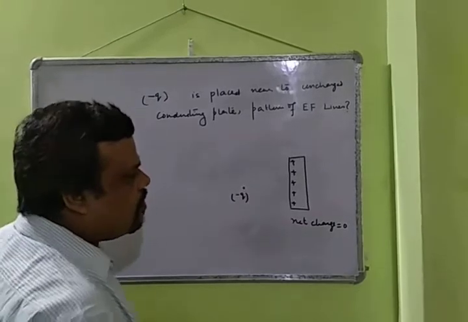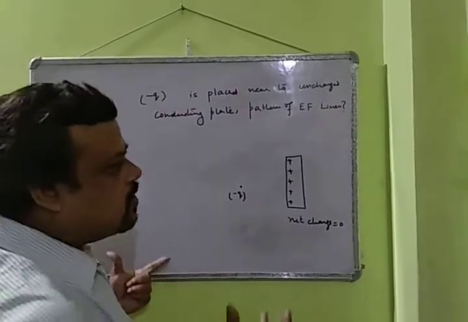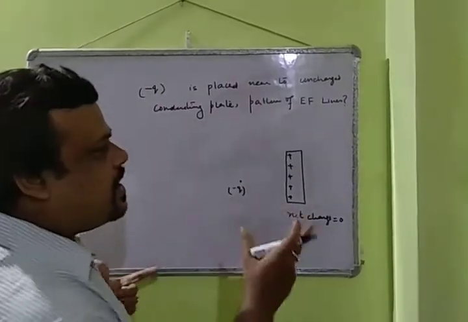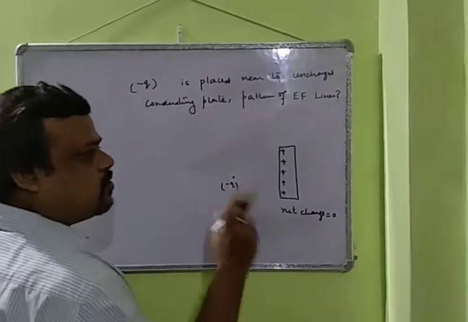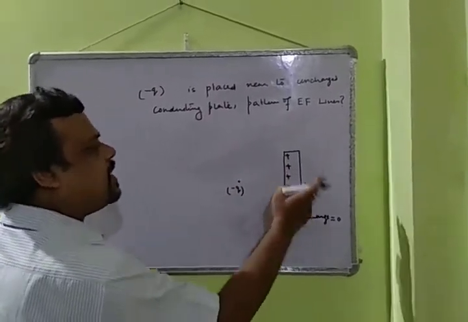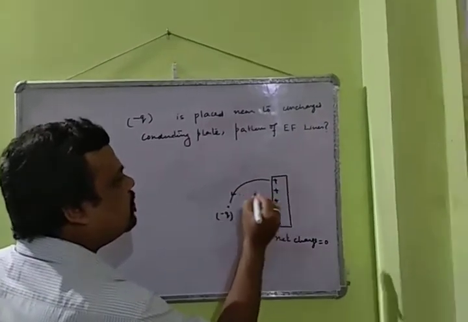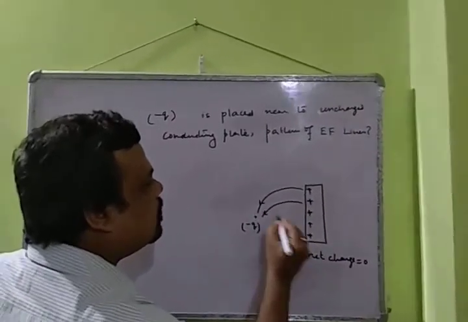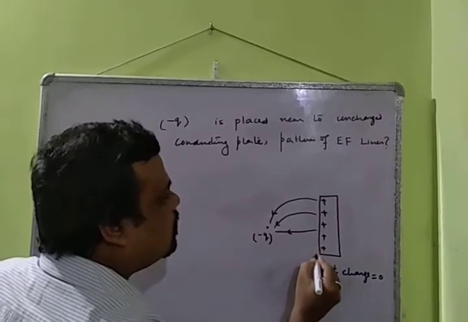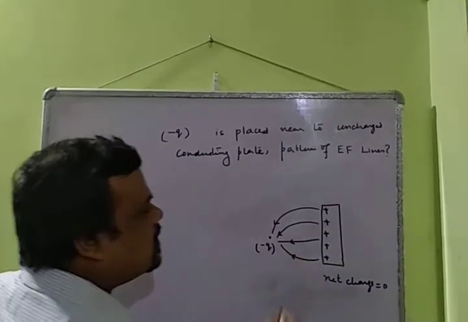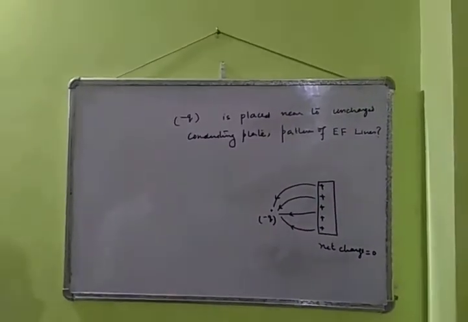Again, follow the rule: what is the direction of field lines? Field lines always start at positive and terminate at negative. So this will be the field line. This is the answer.